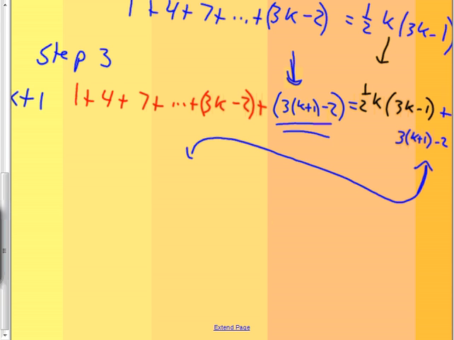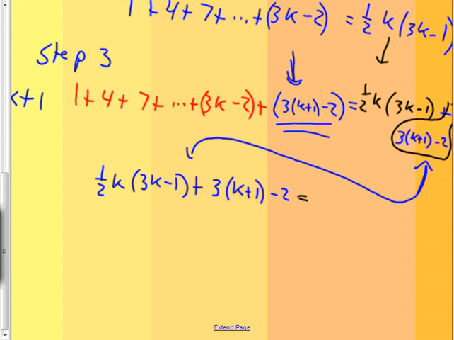I have to say that 1/2 k times 3k minus 1 plus 3k plus 1 minus 2 should equal, and a lot of kids have trouble understanding where this next part comes from, but if I hadn't added this piece and instead had replaced each k with a k plus 1, I'd have 1/2, and then instead of this k here, I'd have k plus 1.